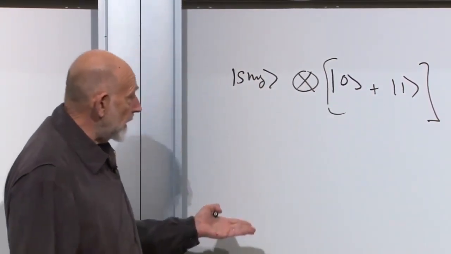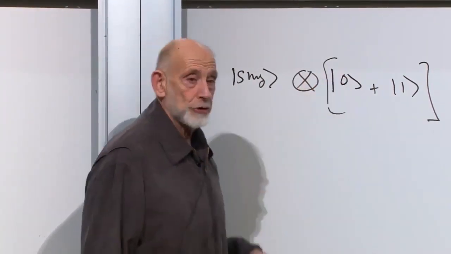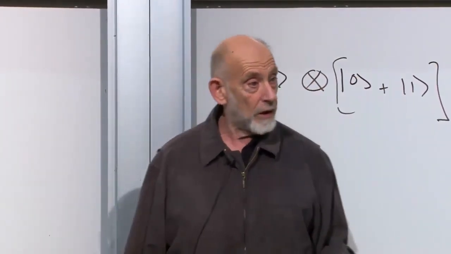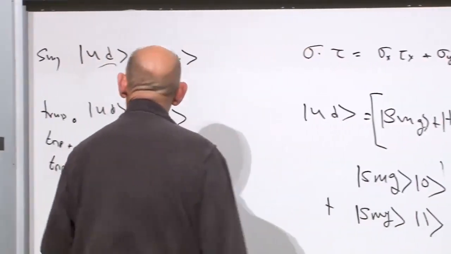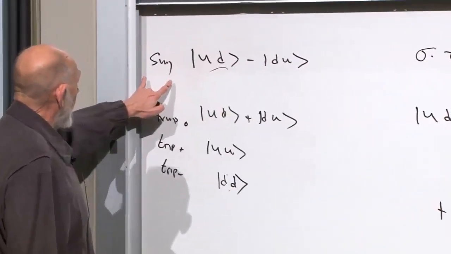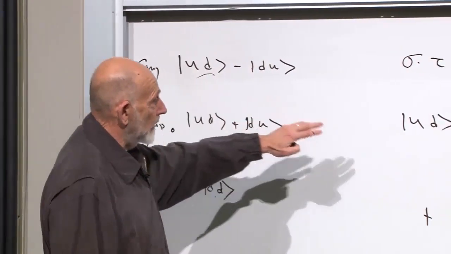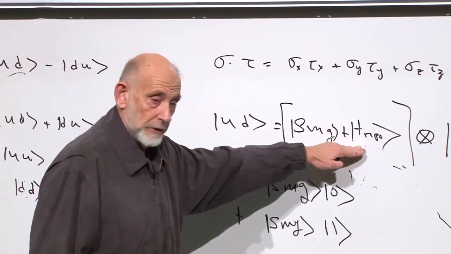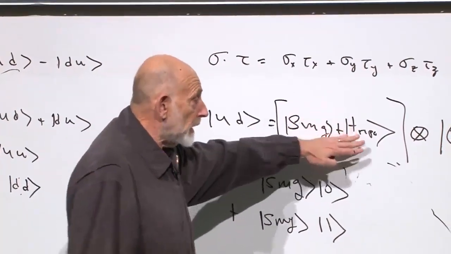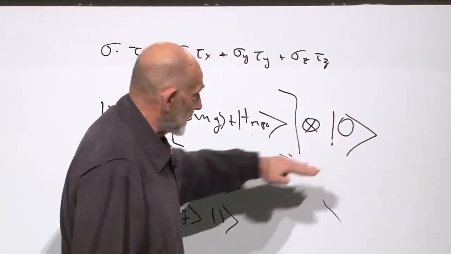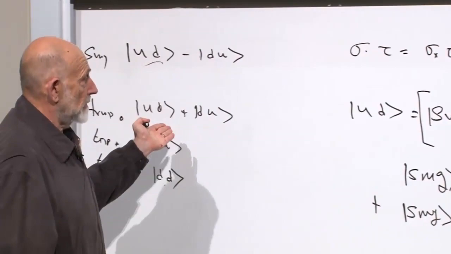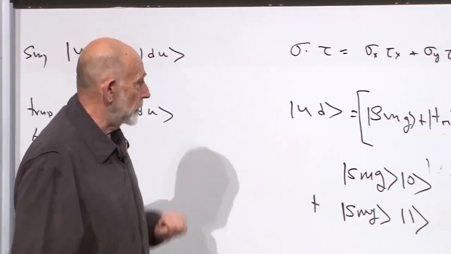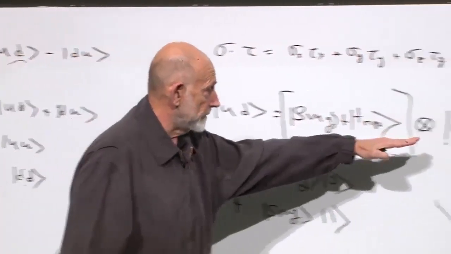On the other hand, the radiation field is left in a superposition of states of having a photon and not having a photon. So what do we start with? We started with an unentangled state of the electrons, totally unentangled with the radiation field. I say this is unentangled because that's what we started with, UD, and no photon.